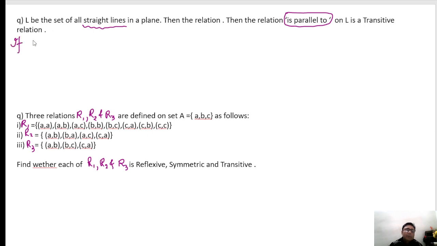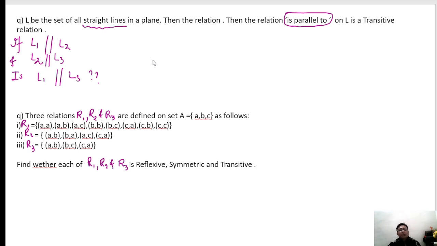If L1 is parallel to L2 and L2 is parallel to L3, is L1 parallel to L3?